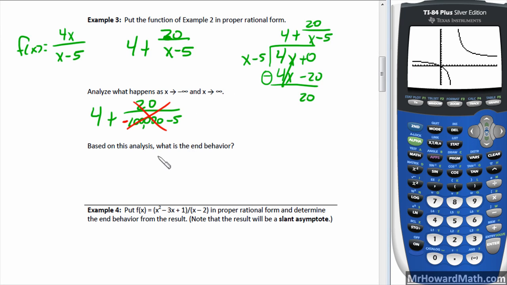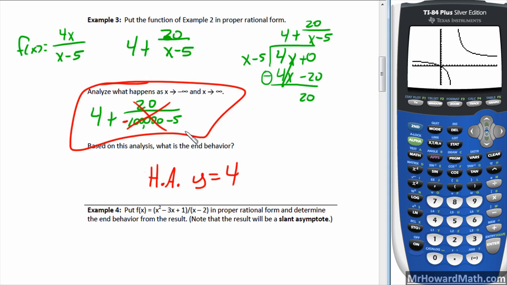So based on this analysis, what is the end behavior? Well, the end behavior is that we have a horizontal asymptote at y equals positive 4, which we've already identified, and we have just shown that by putting this in proper rational form to see what actually happens as x approaches infinity and x approaches negative infinity, which is the definition of end behavior.